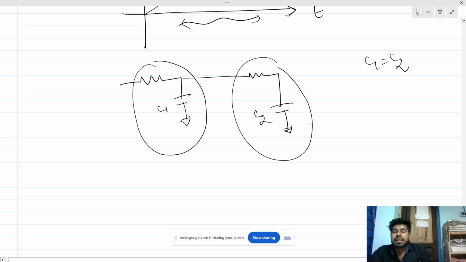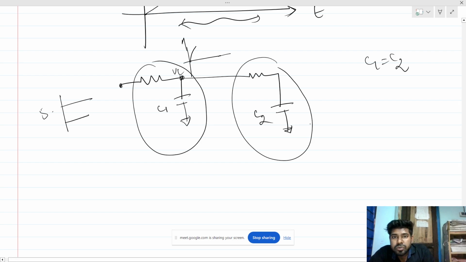If this is an integrator and we are feeding a step input, what is the output at this node? If the input is a step, the first output will be nothing but exponential.